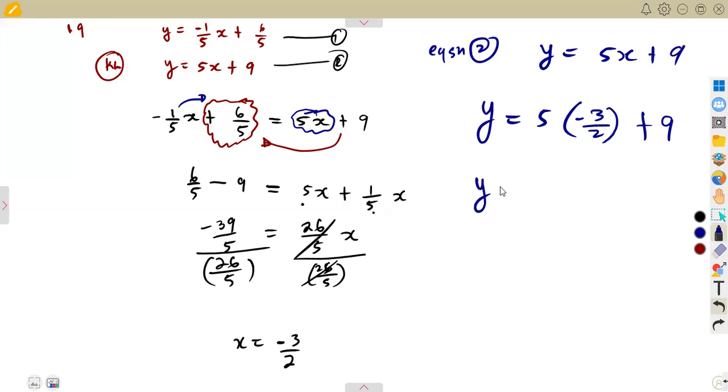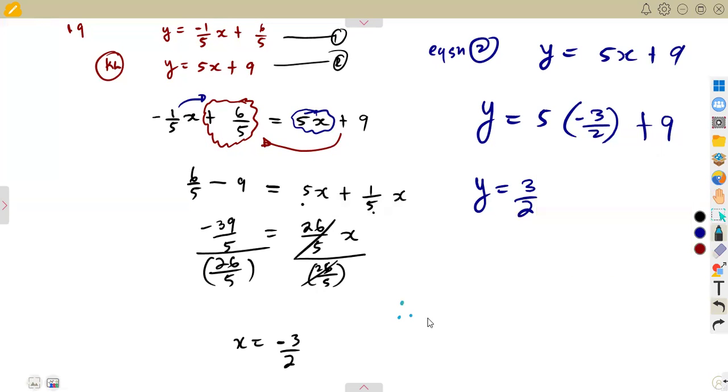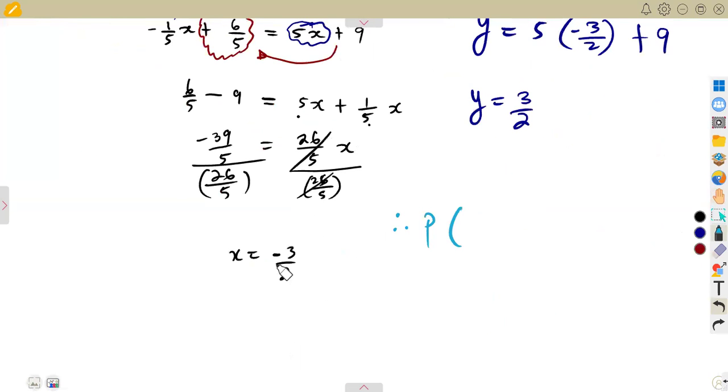Just like that. So y is going to be 3 over 2, a positive. Therefore the point of intersection P, as you're asked to calculate the coordinates of P: x is minus 3 over 2, y is 3 over 2. So that's our point of intersection.